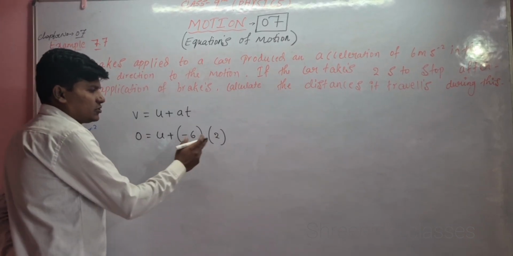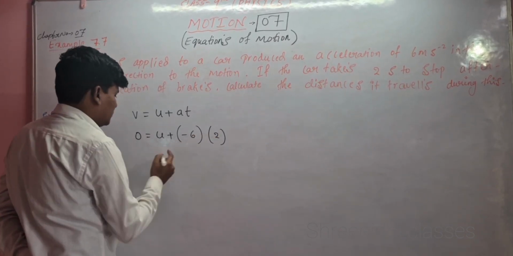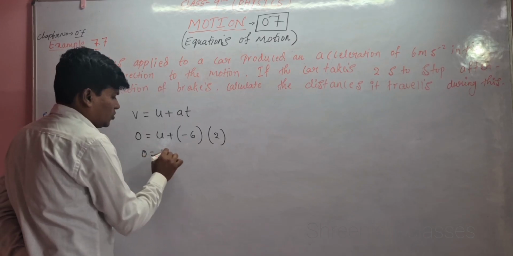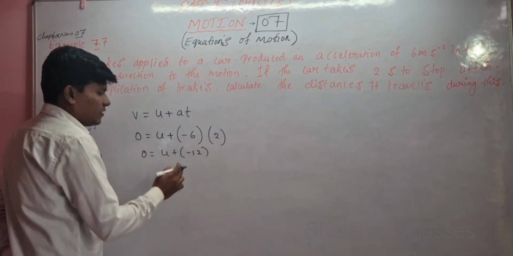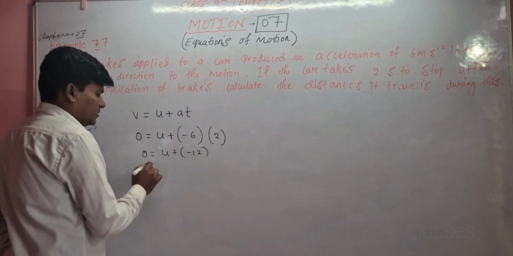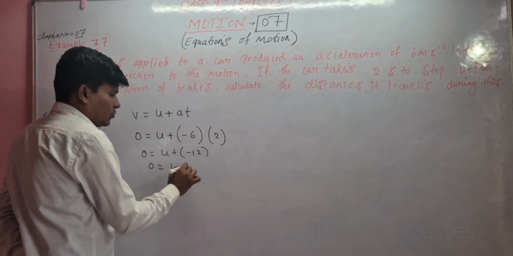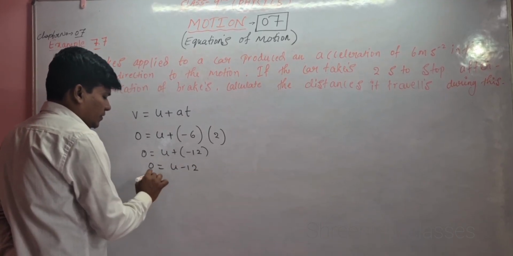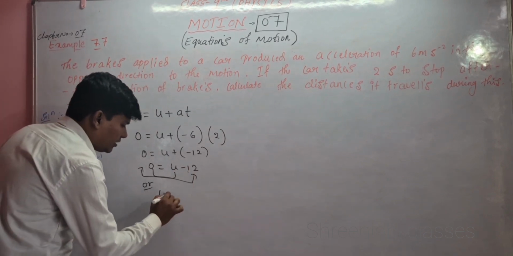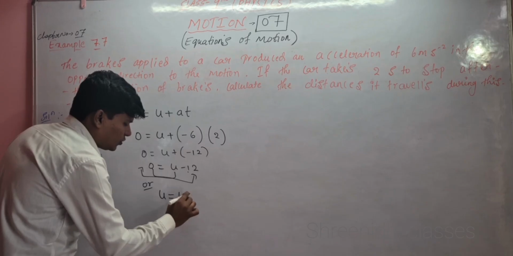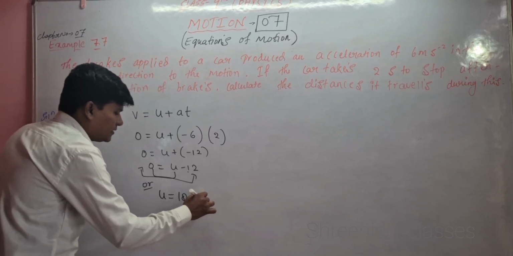Okay. 6 2s are 12. 0 is equal to U plus minus 12 here. Minus into plus is minus. So 0 is equal to U minus 12, or we can take over V here. That's why U is equal to 12 meter per second.